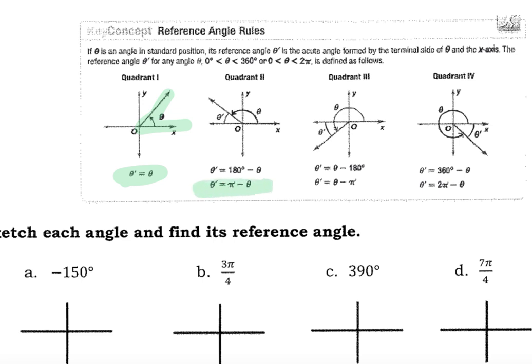So think about the fact that in radians, that means we're subtracting pi minus whatever that is. We need common denominator. In quadrant 3, we're going to do whatever the angle is minus pi, which is equivalent to 180. And then reference angle for quadrant 4, instead of 360 minus, we're going to do 2 pi minus, right?